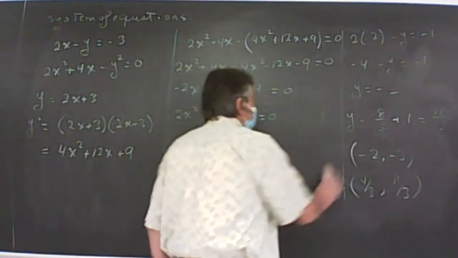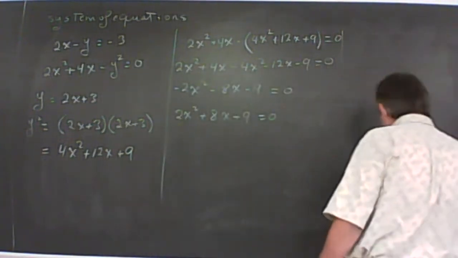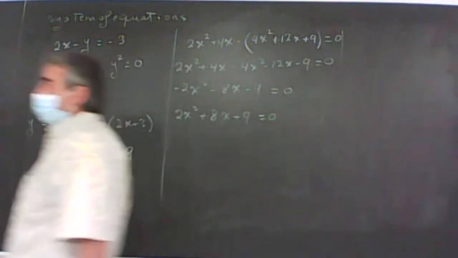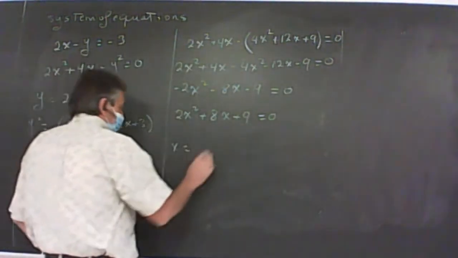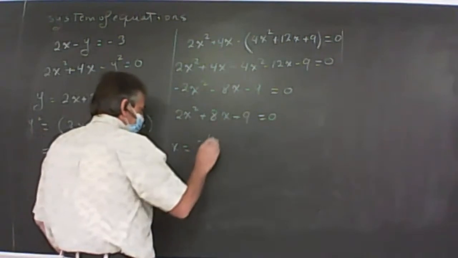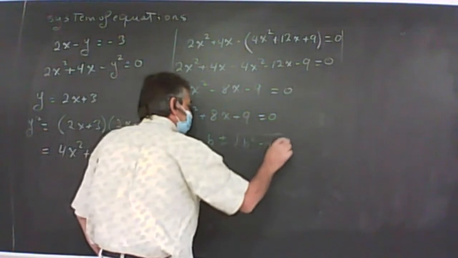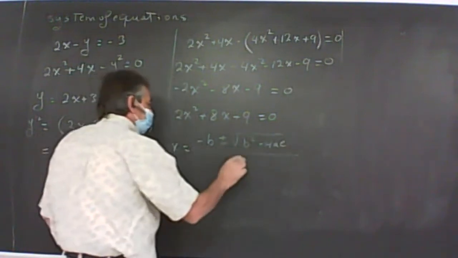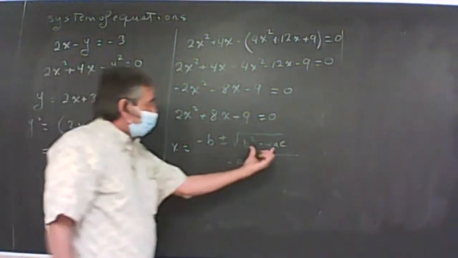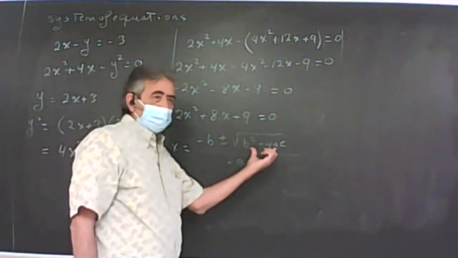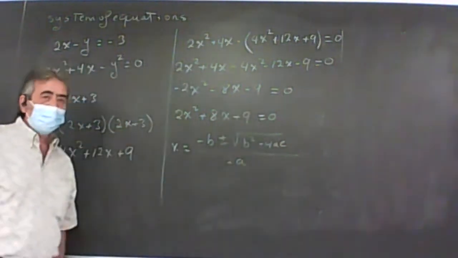Well, the next step is to use the quadratic equation. Using the quadratic equation, we can say x equals minus b plus or minus square root of b squared minus 4ac, over 2a. Let's figure out this portion first, so when I substitute, I don't have to rewrite it all together.